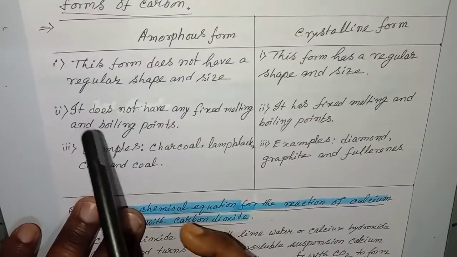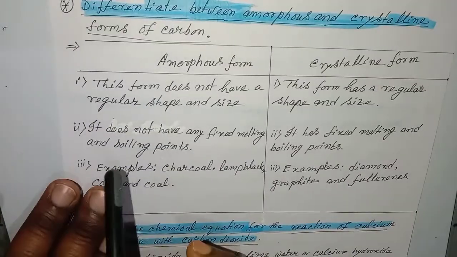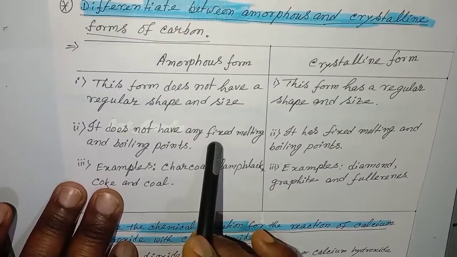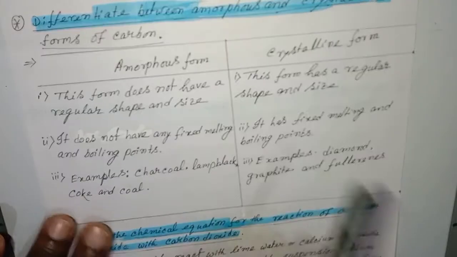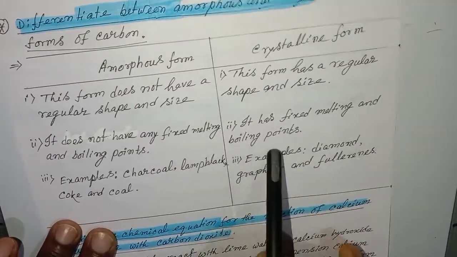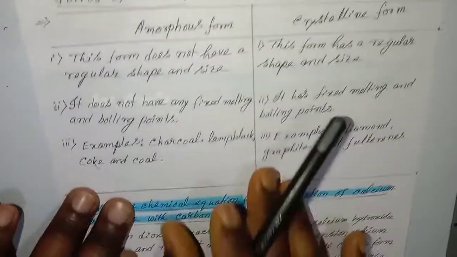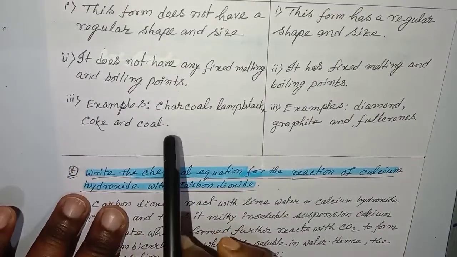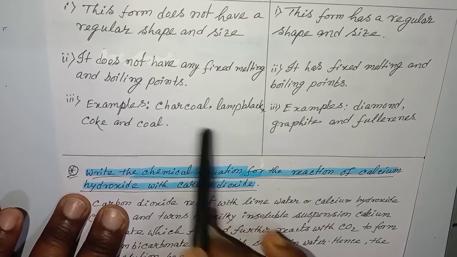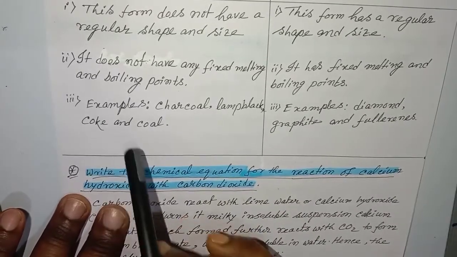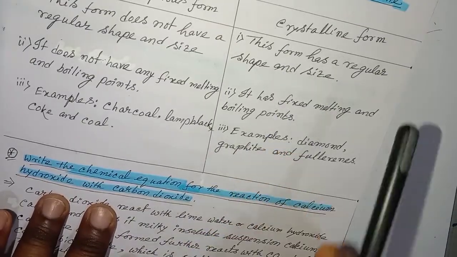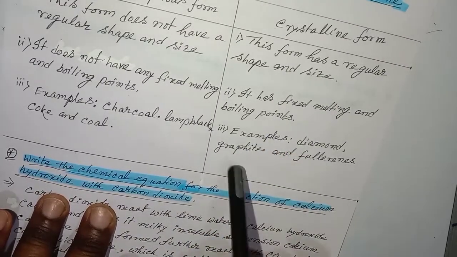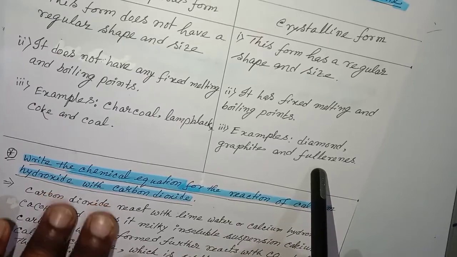The amorphous form does not have fixed melting and boiling points, but the crystalline form has fixed melting and boiling points. Examples of amorphous forms: charcoal, lamp black, coke, coal. Examples of crystalline forms: diamond, graphite, fullerenes.